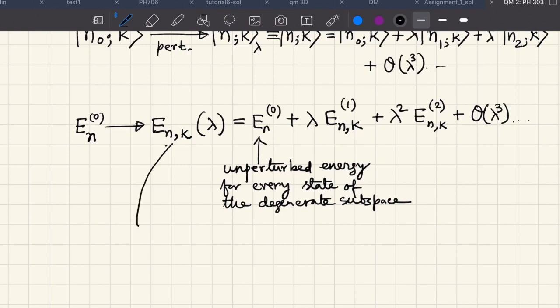And you note that here we are using two labels, n and k.